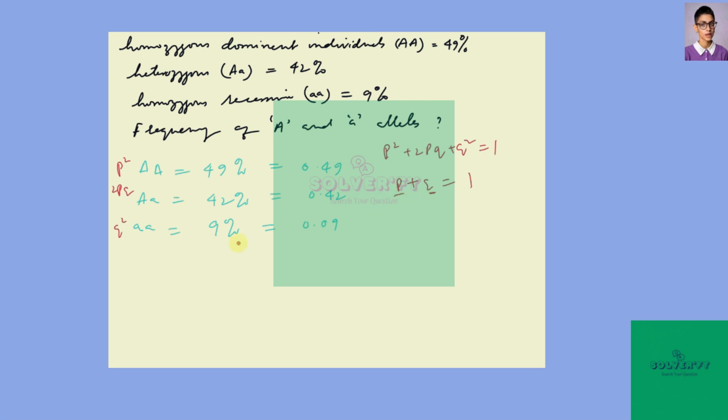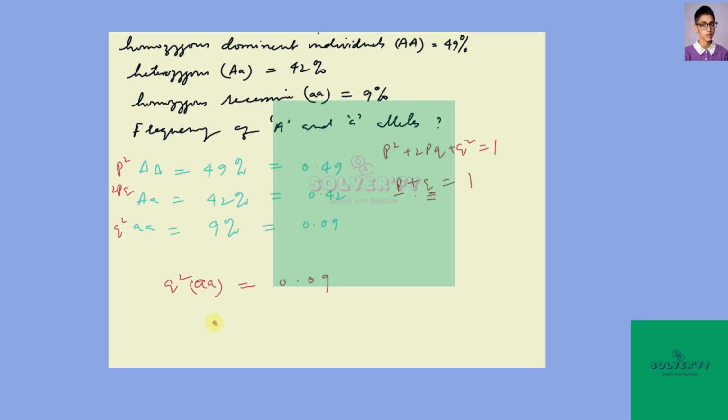So we will calculate the frequency of the recessive allele, which is q. As we know, q squared, which is represented by the homozygous recessive genotype, is equal to 0.09.